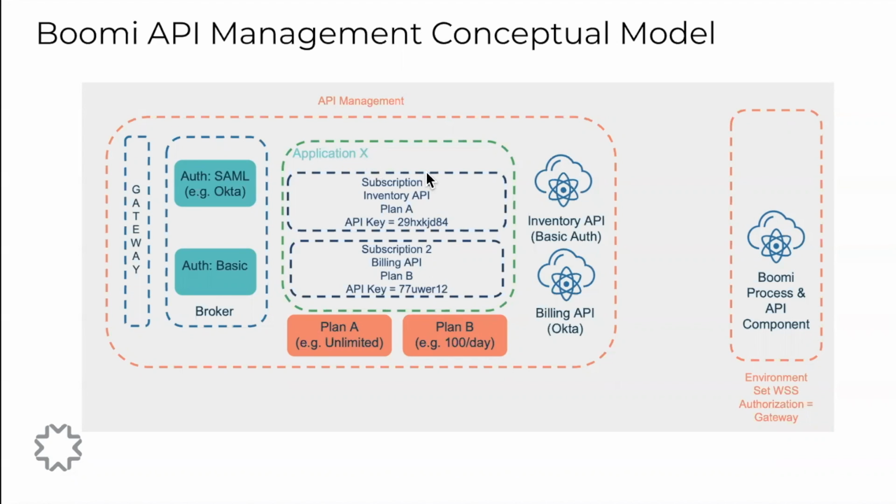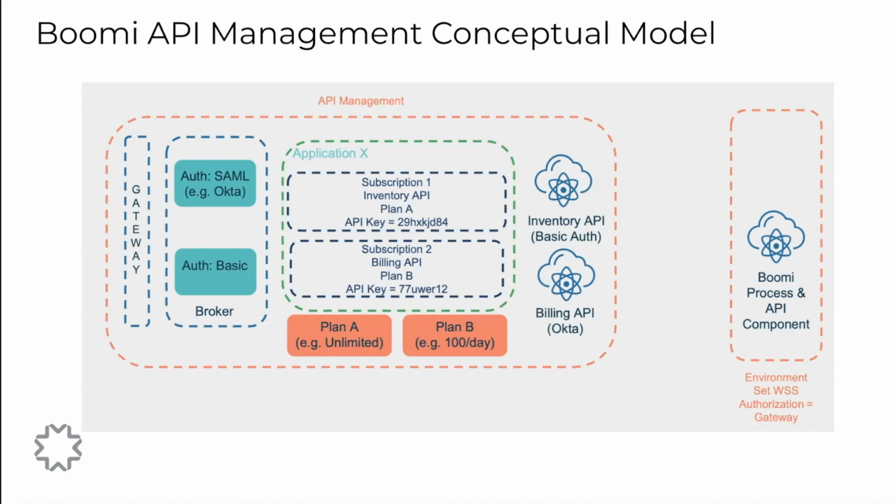So in this example, this application actually has two subscriptions. We'll talk about what subscriptions are in a minute. One is for the inventory API. The other one is for the billing API. And then we also have these things called plans. A plan actually is a collection of policies that get attached to APIs.